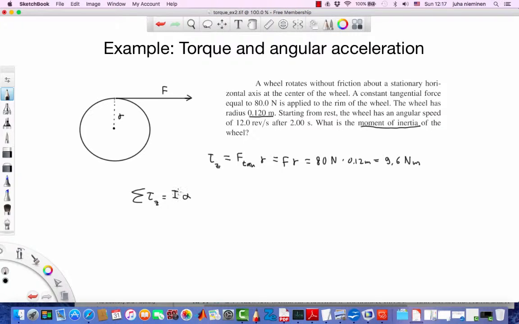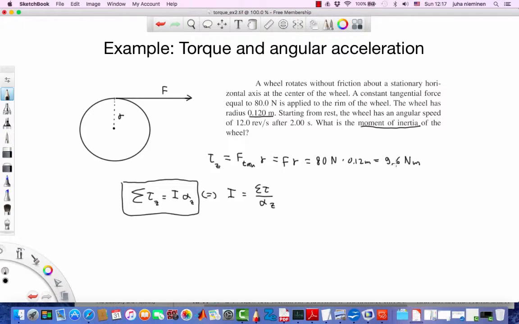So in order to solve for the moment of inertia, that's of course about axis z, we need the net torque and angular acceleration. But we can learn something else from this relationship as well.